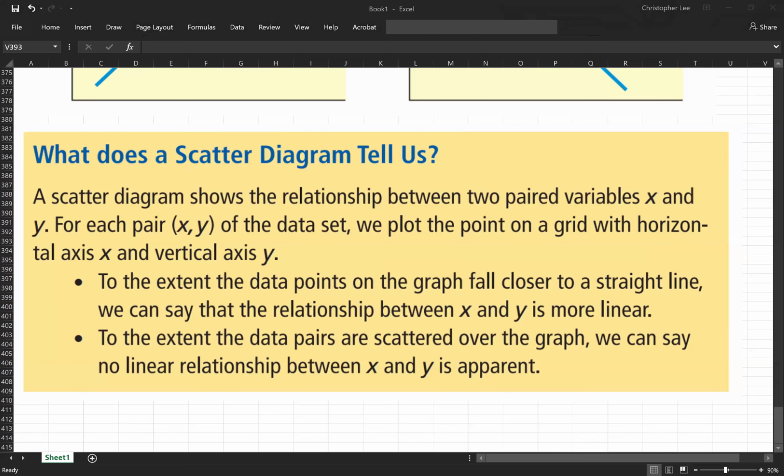Now, if we have one of those crazy graphs that looks like zero, like no correlation, how do we determine if there is a correlation, right? So there's a formula. We call this the R formula.